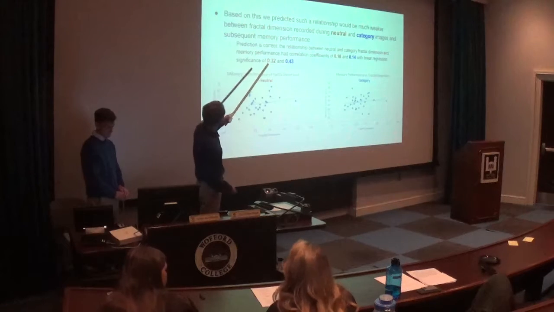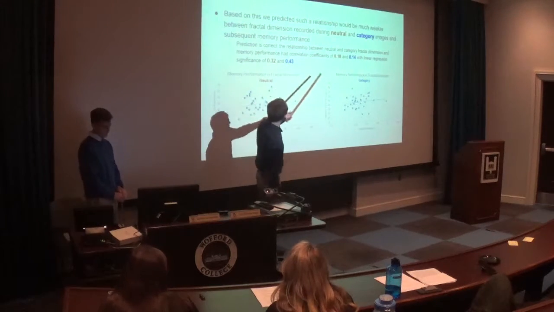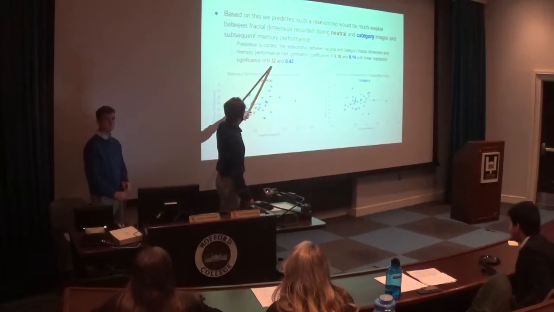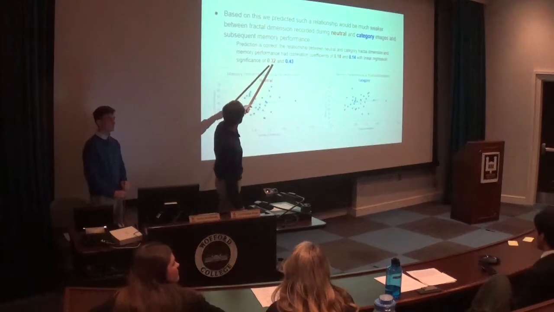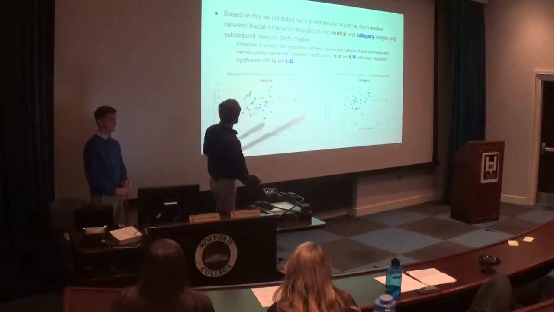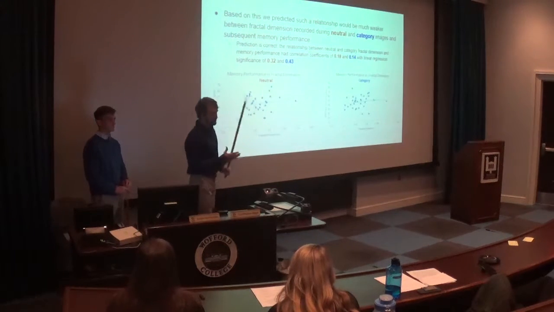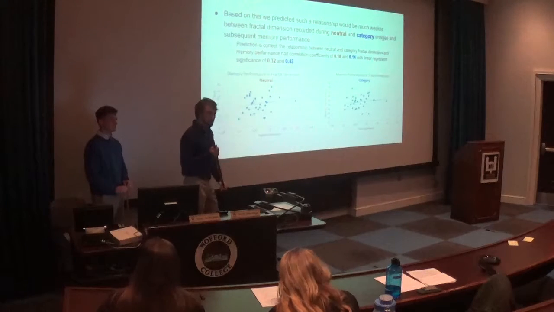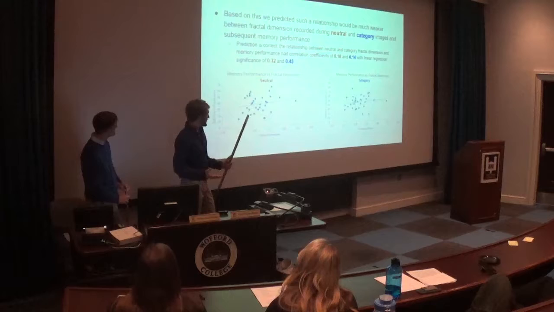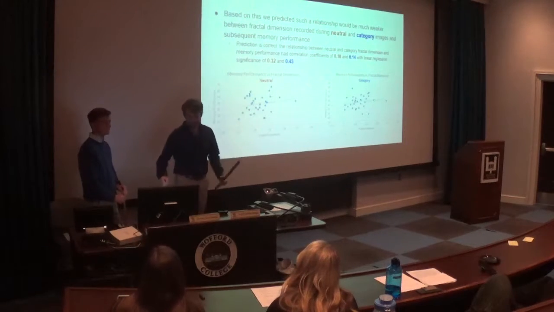They had correlation coefficients of 0.18 and 0.14, which is considered low, and significantly higher linear regression significance. The maximum number this can be is 1, and we had 0.02 for the one before, so that's significant. But the problem is we don't know exactly what that means, other than the fact that that's never been seen before, and now we've got to figure out what to do with that.